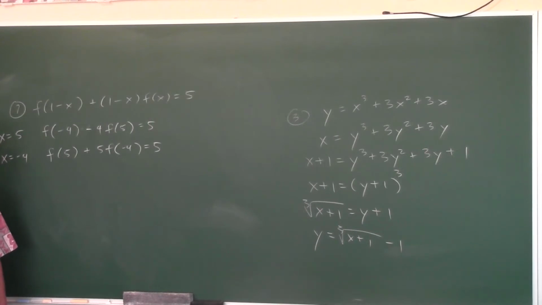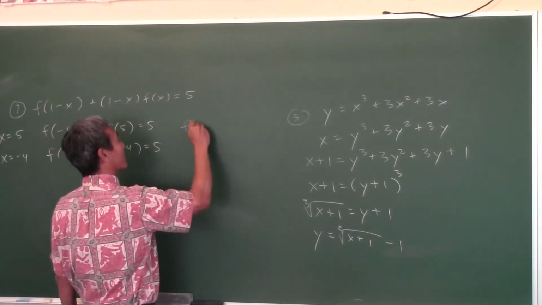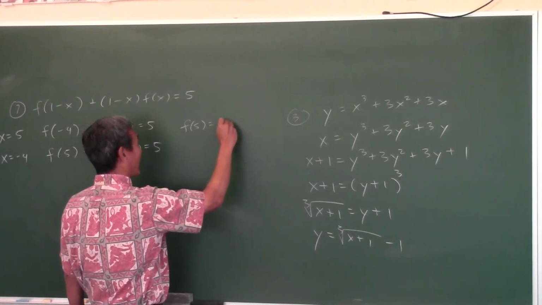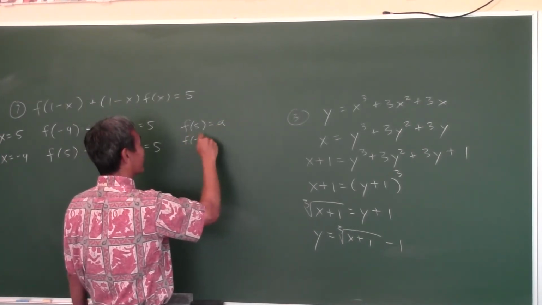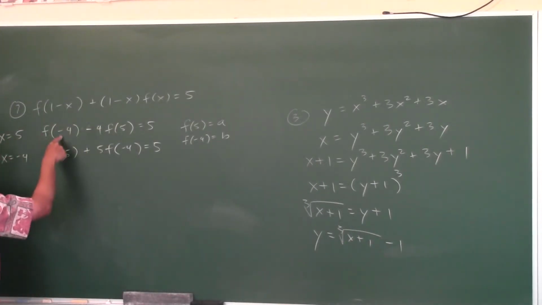What do you mean 2 equations, 2 variables? Okay, why don't we call f of 5, what do you want to call it? A, and f of negative 4, B. Okay, so what is this equation right here?